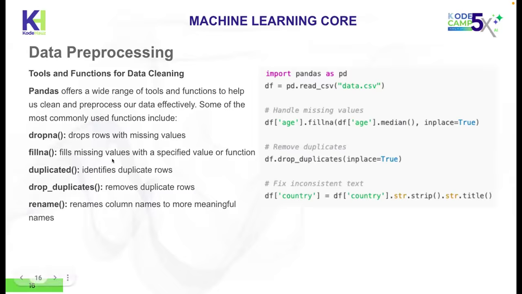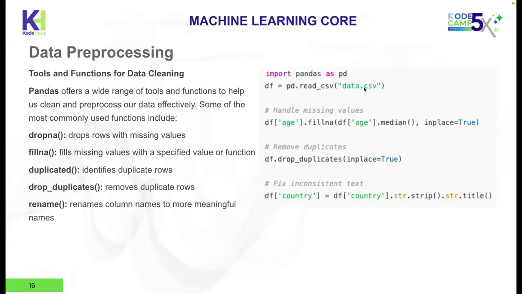Like I said, you are the one that decides the strategy of how you want to fill missing values, right? Pandas just helps you do it. Duplicated tells you which rows have duplicates. Then drop_duplicates is what you use to remove duplicate rows, right? Then you can use rename to rename columns, to have more meaningful names. So this on the right here, you see some sample code, right?